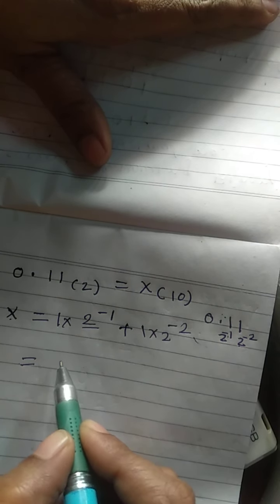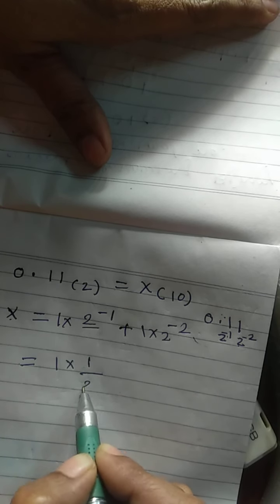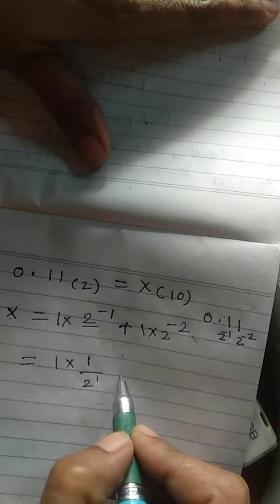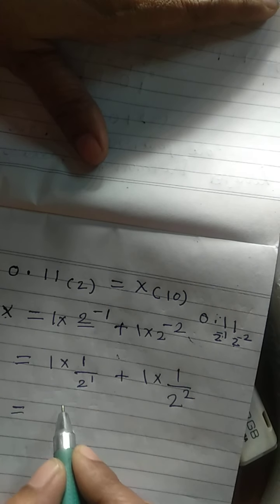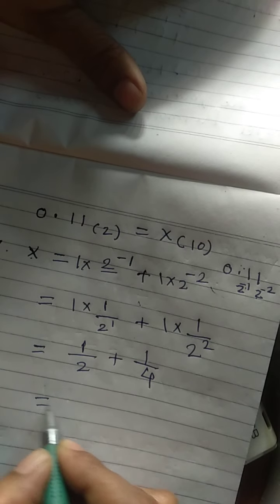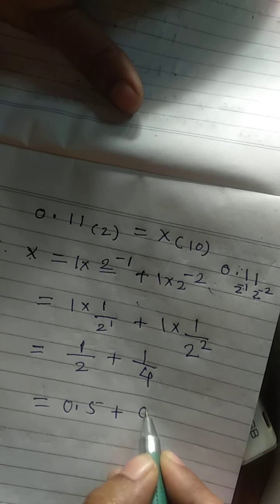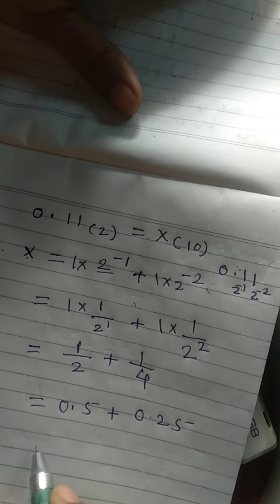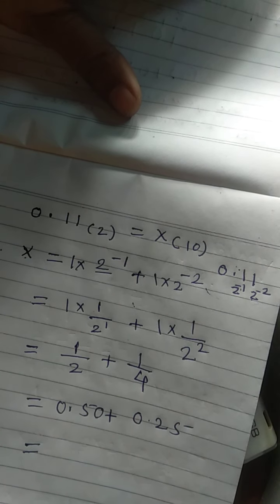Now this is equal to 1 into 1 upon 2 raised to 1 plus 1 into 1 upon 2 raised to 2, is equal to 1 upon 2 plus 1 upon 4. 1 upon 2 is 0.5 plus 1 upon 4 is 0.25 is equal to, I write here 0.5 as 0.50.